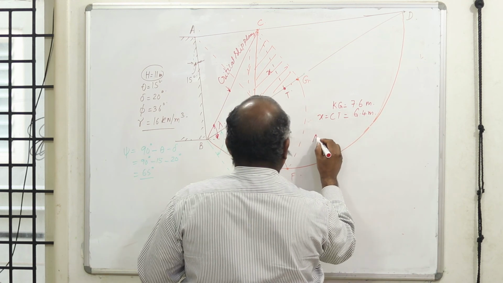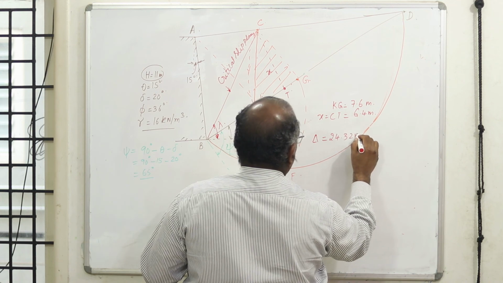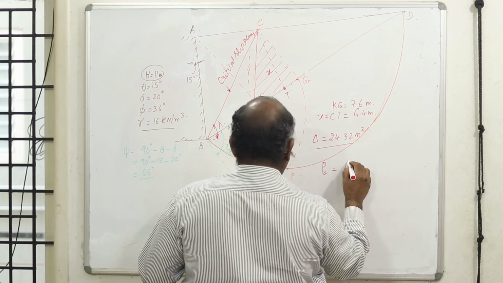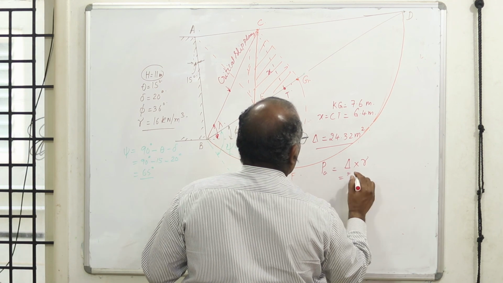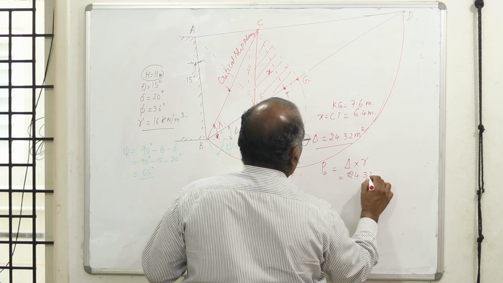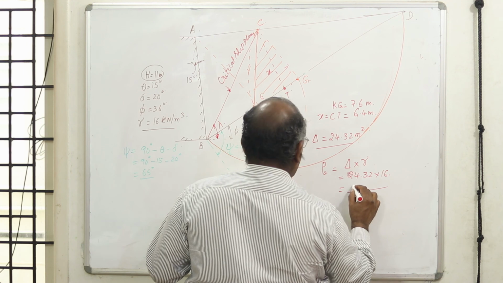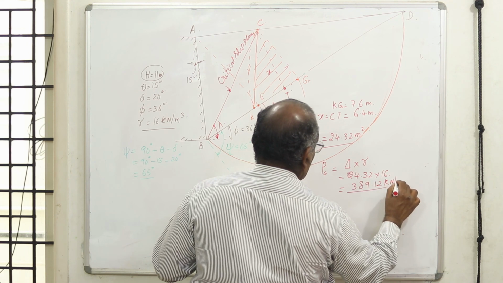Therefore, I got my delta area equal to 24.32 meters square. Then PA is equal to delta into gamma. Delta is 24.32 into 16. I got the thrust 389.12 kilonewton per meter.